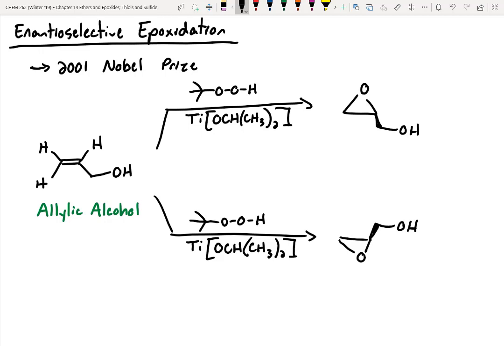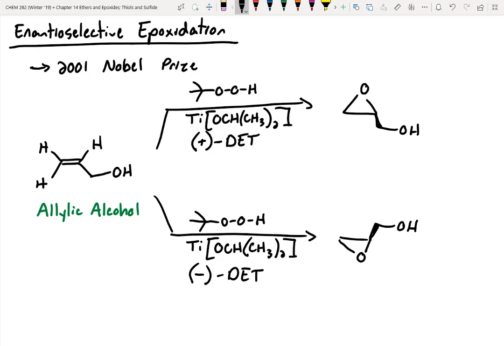So what he did was he used a chiral catalyst or a chiral reagent to help transfer chirality. And for the first one, he used diethyl tartrate. This is a natural salt, something produced in nature. And then for the other one, he used the opposite enantiomer in order to favor the other epoxide.